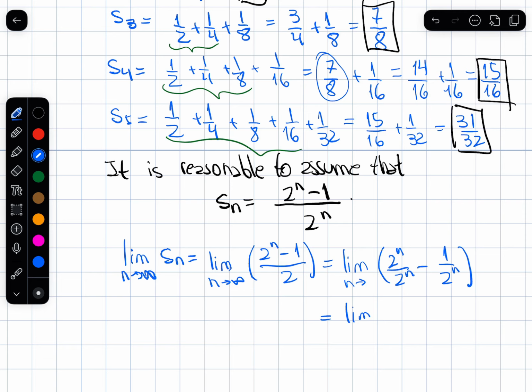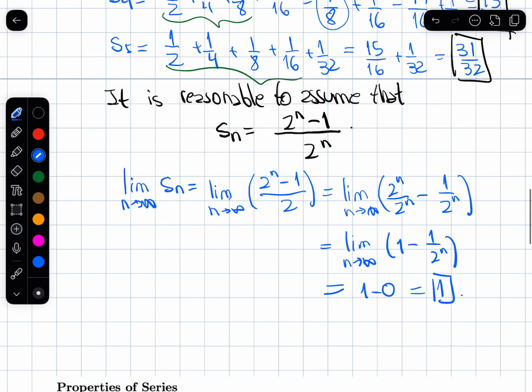So this will be the limit as n goes to infinity of 1 minus 1 over 2 to the power n. As n goes to infinity, this gets bigger and bigger. 1 divided by something big gets smaller and smaller. And so this limit will equal 1 minus 0. It will be 1. The limit exists, which means that the series converges.